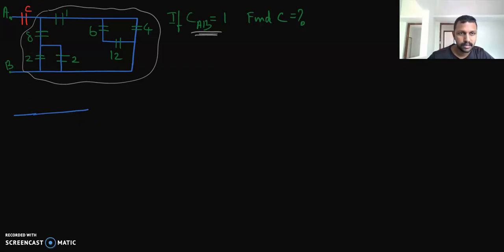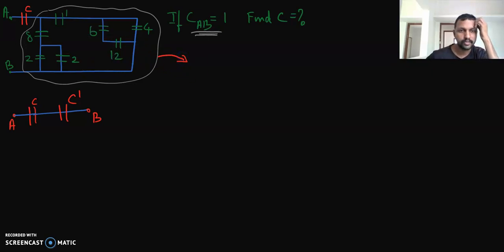Let me draw this C farad capacitor over here, and let's call the effective capacitance of this part C dash. Then this point will be our A and this point will be our B, and it's given that CAB is equal to 1. For finding the value of C, we'll have to find the value of C dash, so let's find it.